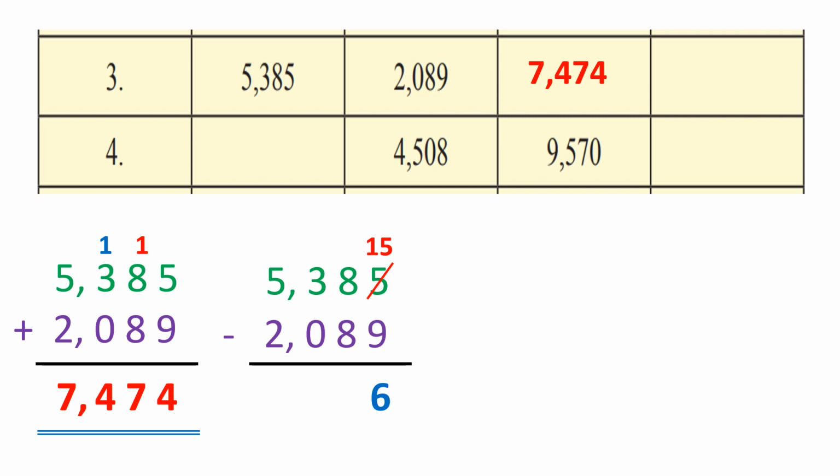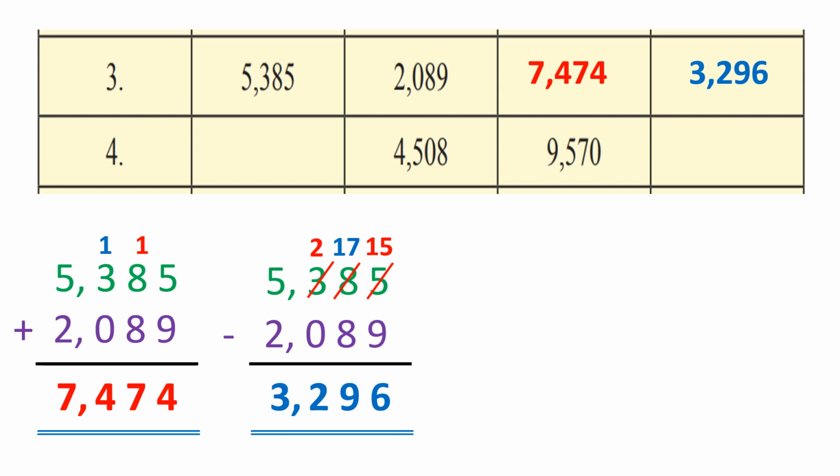You borrow from 3, becomes 17, and then minus 8 is 9. 3 here changes to 2. 2 minus 0 is 2. Next is 5 minus 2 is 3. Your answer is 3,296. And then you write here for the difference 3,296.